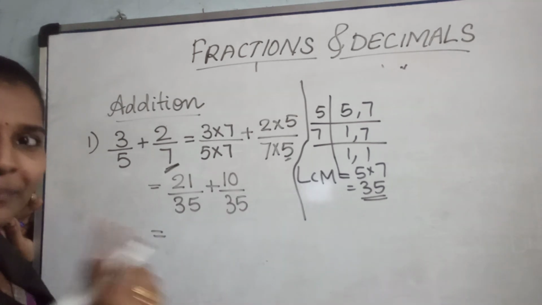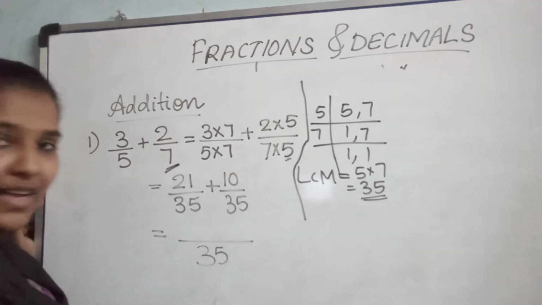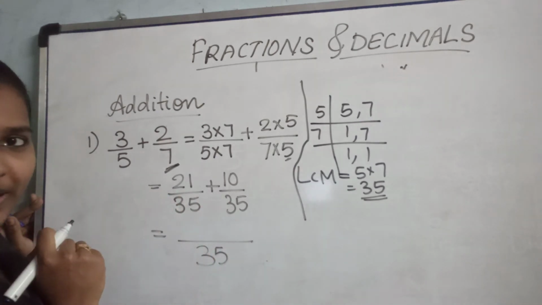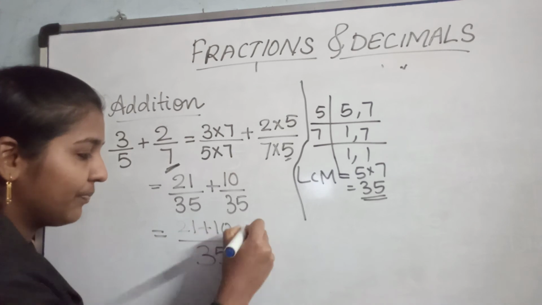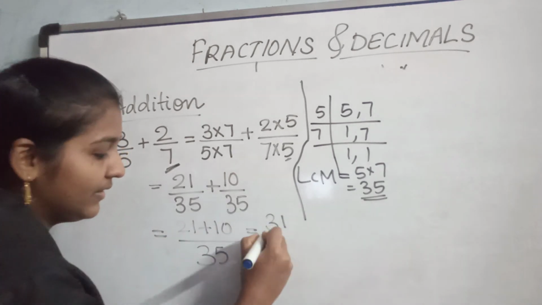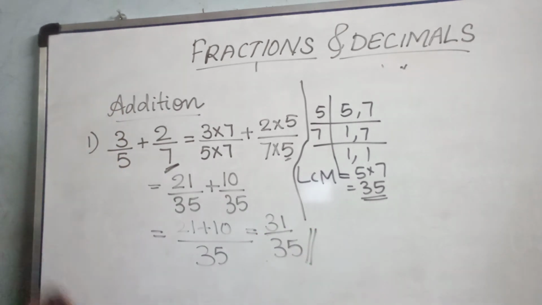How to add? Write the same denominator as the denominator and then add the numerators only. Okay, so 21 plus 10. 21 plus 10 is 31. 31 by 35 is the answer for this question.